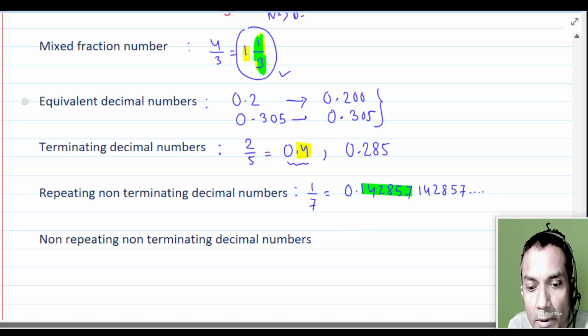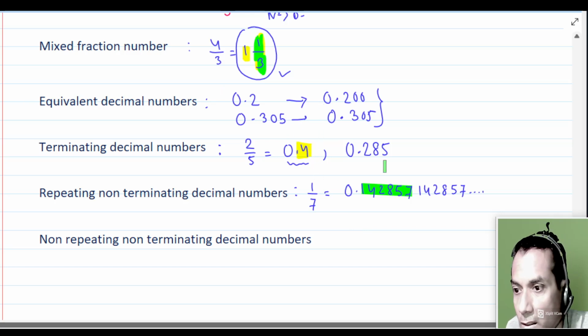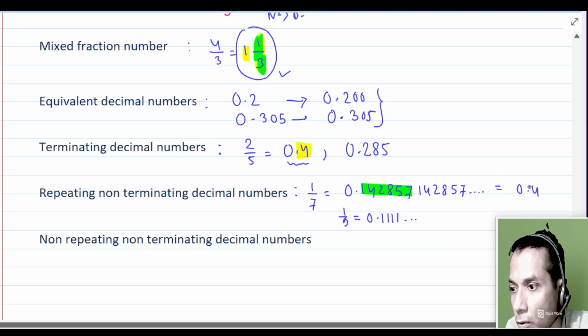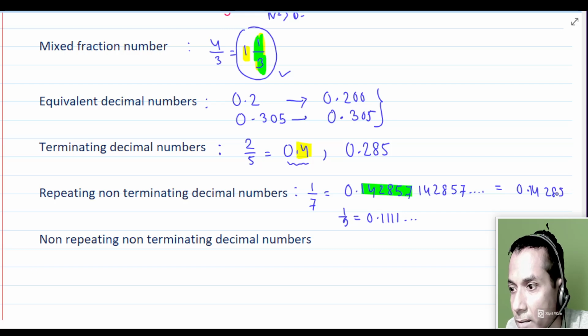If I do 1 divided by 9, we get 0.1111, just like that, continuing. So this can be represented as 0.142857 with a bar sign over the repeating digits.